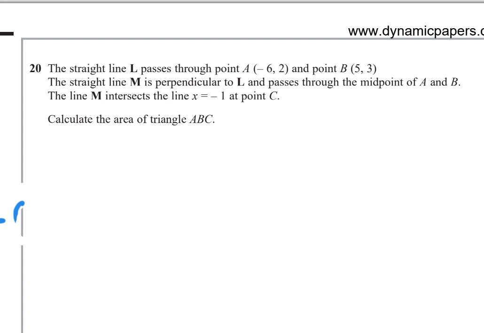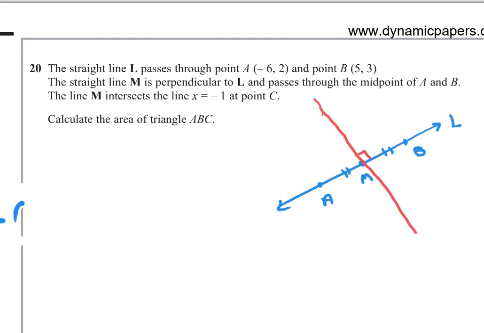If we draw a sketch for this question, we have line L passing through the points A and B, and M is the midpoint between them. We have line M perpendicular to AB and passing through the point M. The line M intersects the line x equals -1.